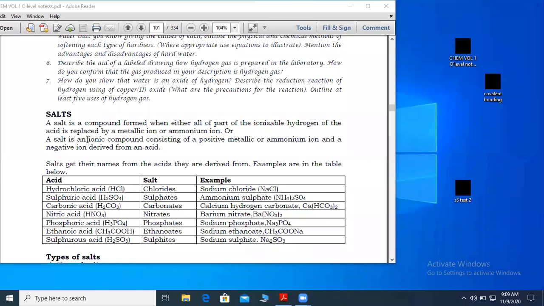So you remember when we started from salts, we defined a salt.